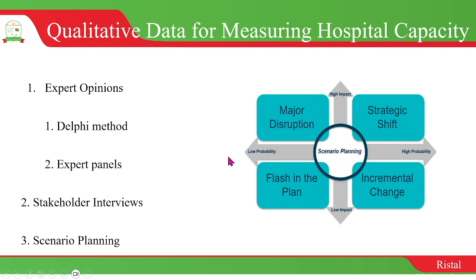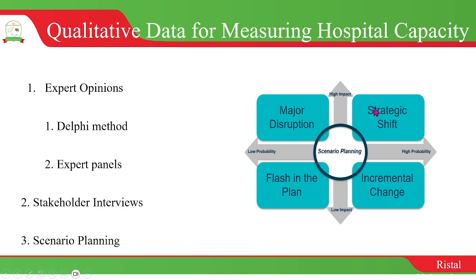So we are looking at both the positive and the negative aspects. The point here is to be able to plan on how best we can improve on the positives and also how best we can minimize the negative, because we already know scenarios that can improve our health facilities' performance. We also know situations that will lead to reduction. So this is the basis of operation of this scenario planning.